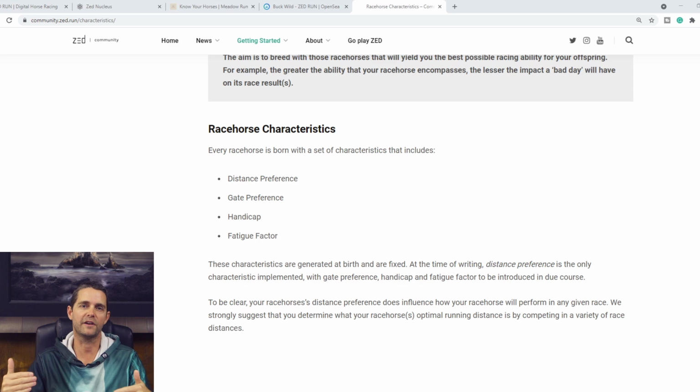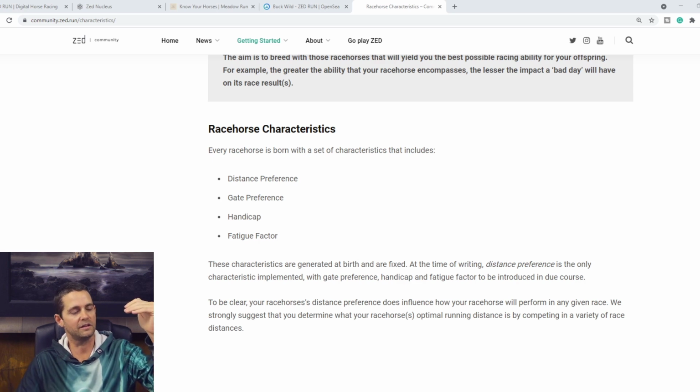So there's lots of different angles. Don't be too concerned at this point just because you can't afford one of the monster champion races that suits the current conditions perfectly.